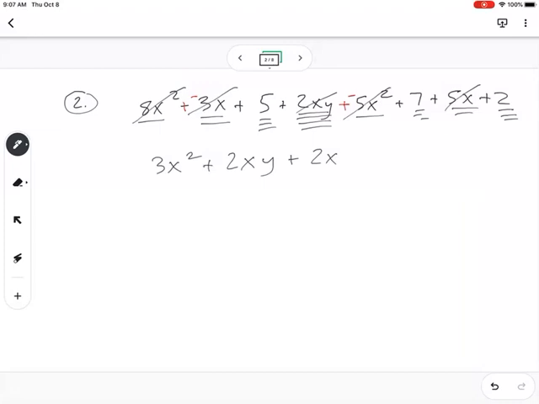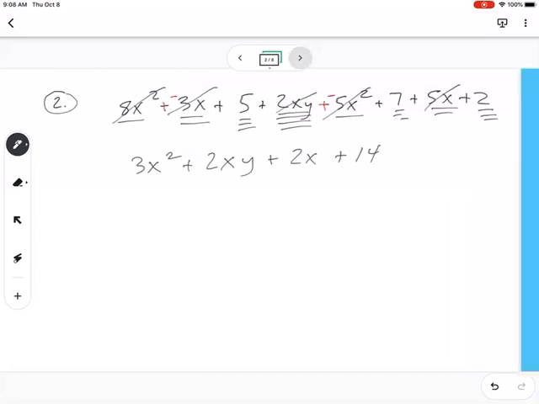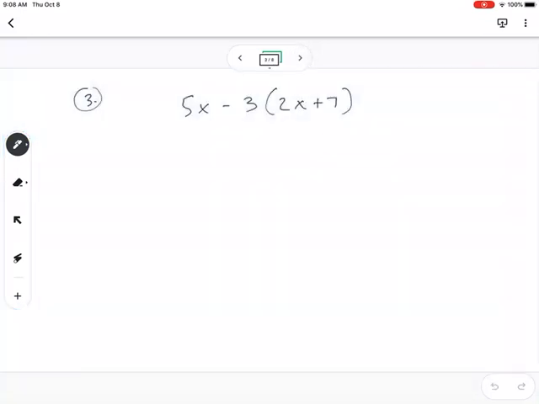And then all I'm left with is numbers. 5 plus 7 plus 2 is 14. Now you may have gotten this in a different order. I tried to go through and mark it correct if you got it right, but in a different order. So you can double check to make sure I did that.